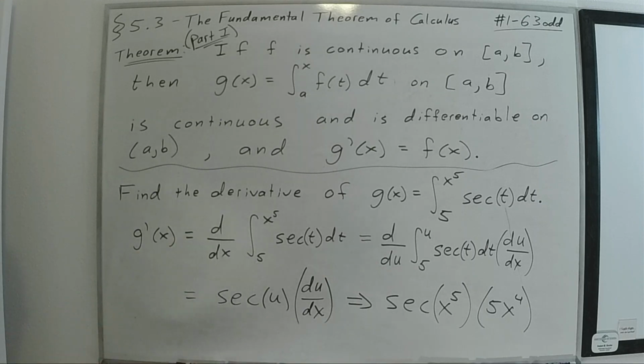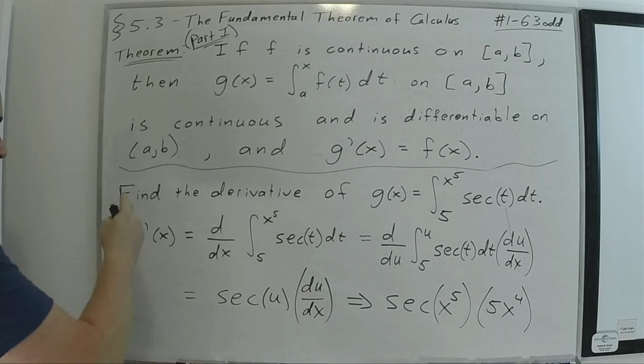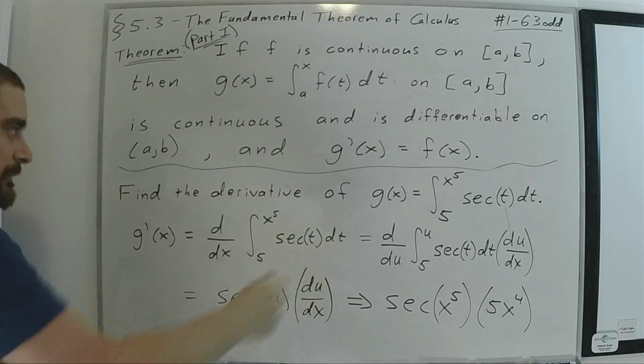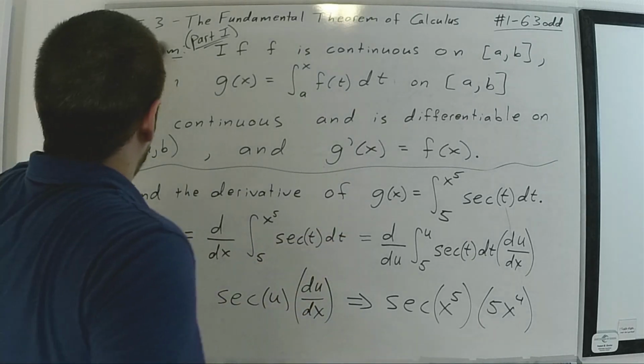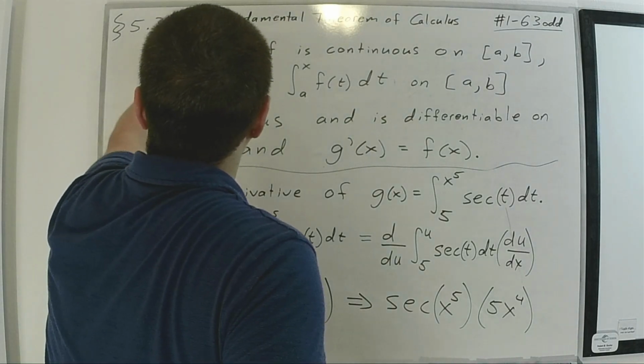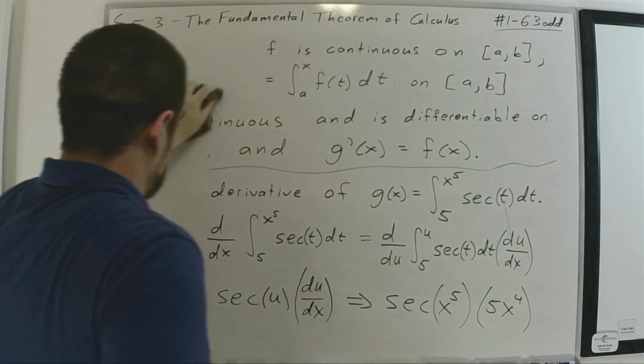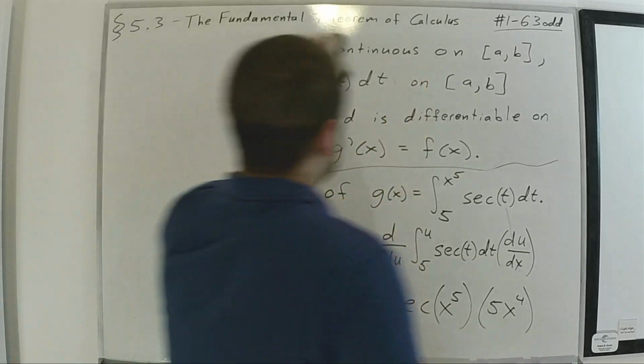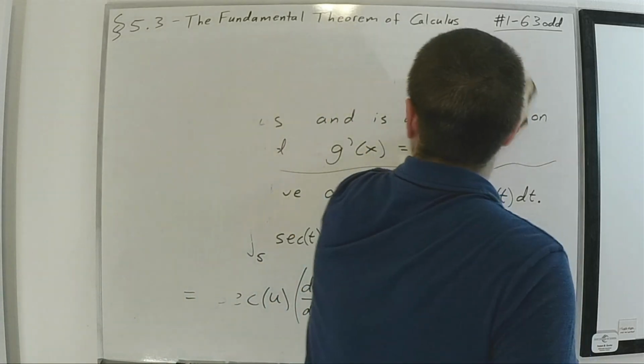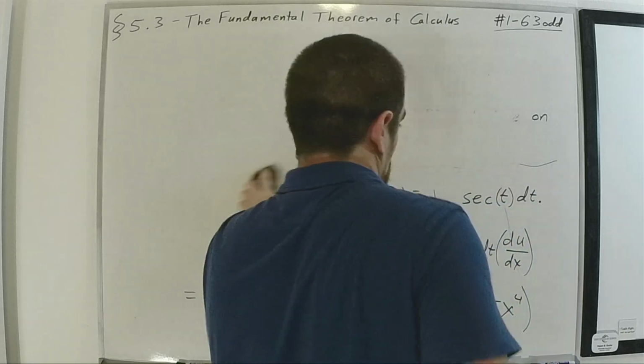So part 1 basically says we can differentiate an integral and we get back to a function. And of course we can integrate a derivative as well to get back to a function.